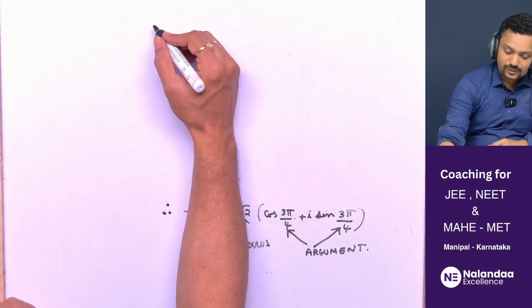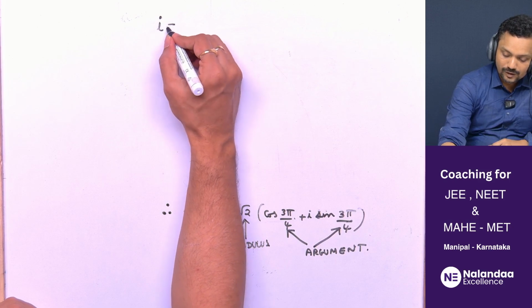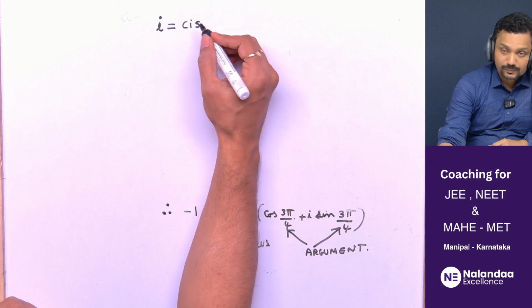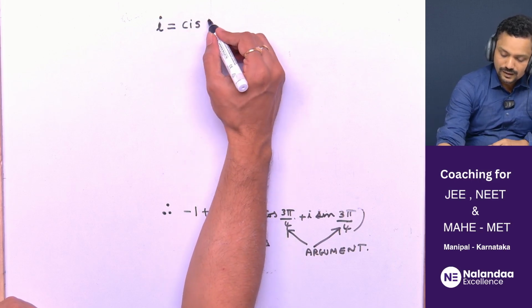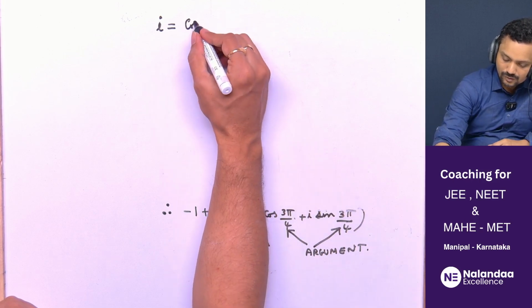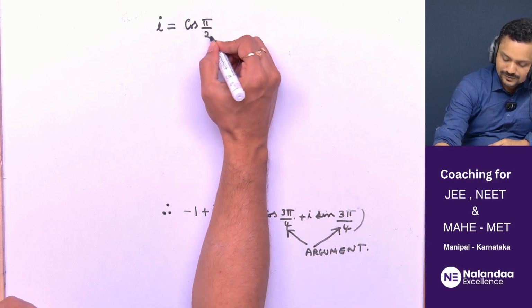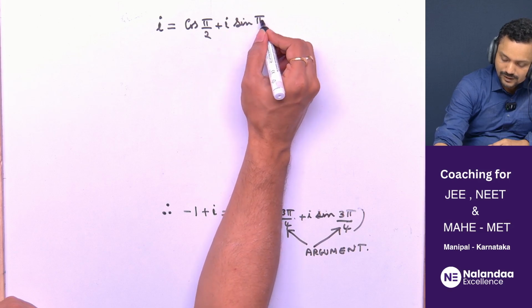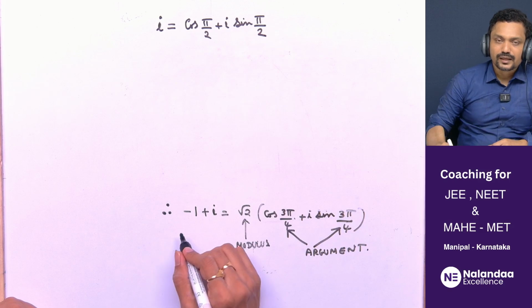And it is better to remember the polar form of some very important numbers. The polar form of some important complex numbers: i is actually cos pi by 2 plus i sin pi by 2. This is the polar form of i.